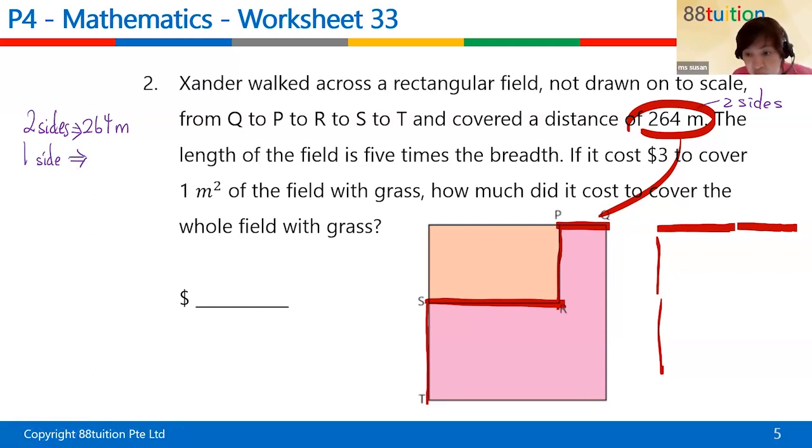What can you do? Adele, can you help us? Jera, you wait, see what we can do. How to find one side when this is 264? What can we do?